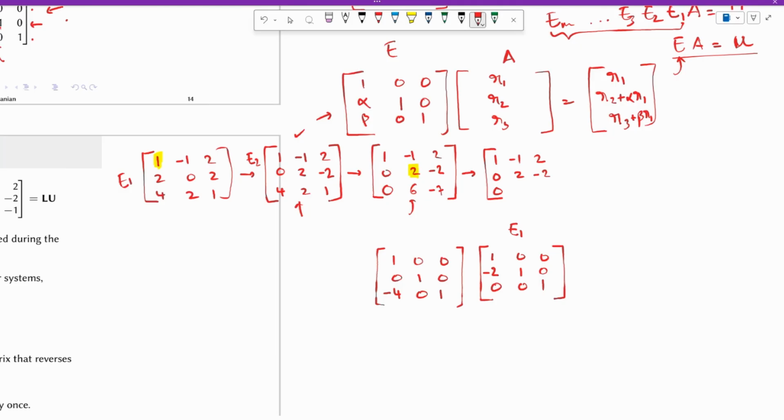Yes, R3 minus 3 R2. That's it. So that'll give me 0. What will I get here? All right. What is the corresponding operation here?